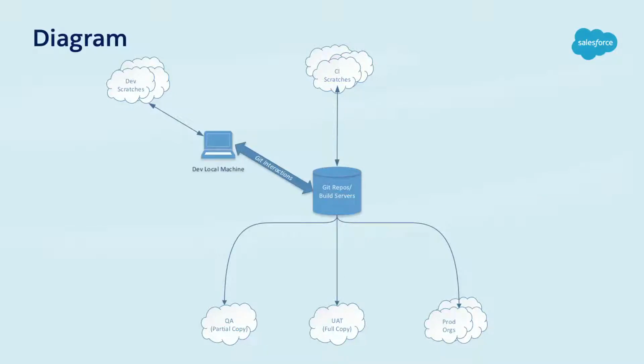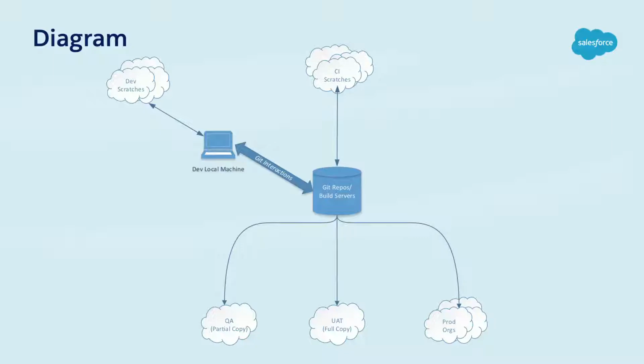And what we've started experimenting with is the unlocked packaging feature in Salesforce. To give some perspective, what we used to do before we had DX was, let's say in Git flow, you had a develop branch, a release branch, and a master branch, right?